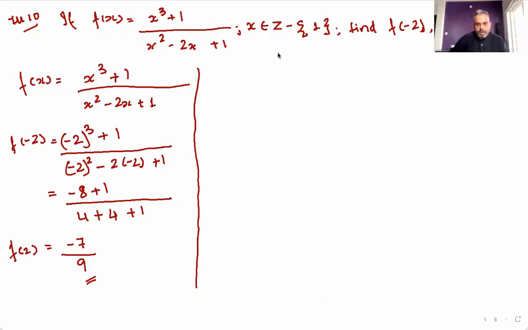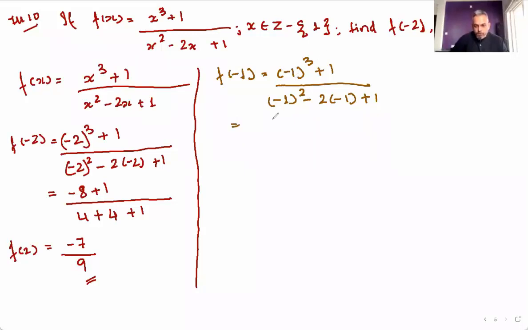Let's check the next one. Now, next one is f of minus 1, which is equal to minus 1 raised to 3 plus 1 upon, we have to substitute x with minus 1 square minus 2 into minus 1 plus 1.